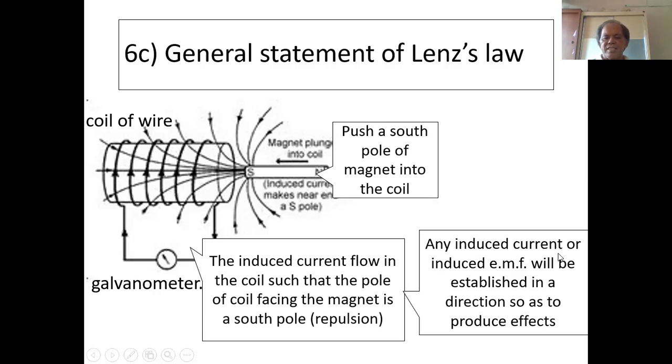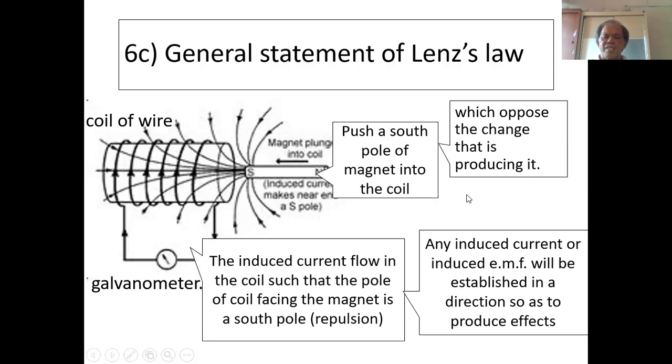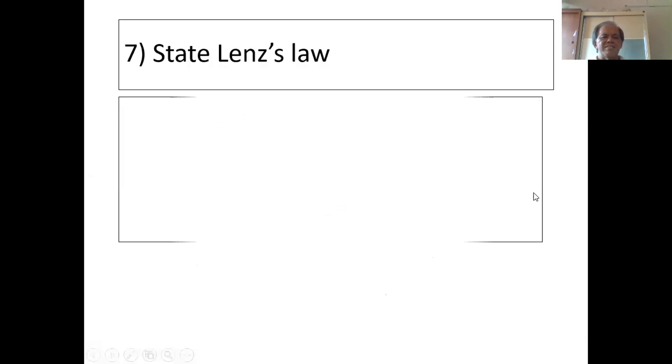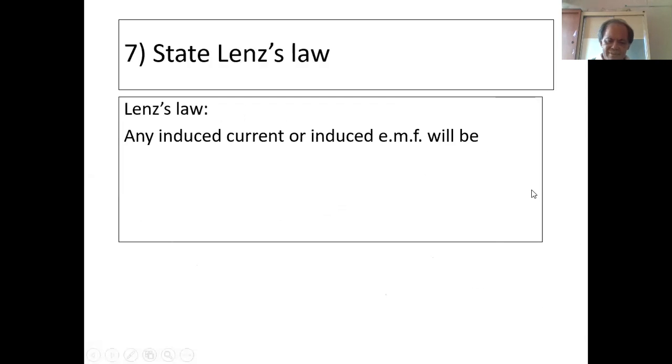An induced current or EMF will be established in a direction so as to produce the effect of an opposing field which opposes the change that is producing it. This is the change: push a south pole in, you're producing it. Okay, so we restate the statement. Lenz's law, memorize it.